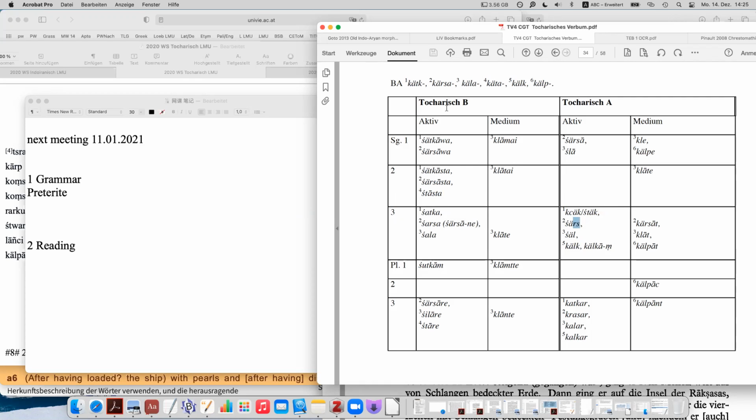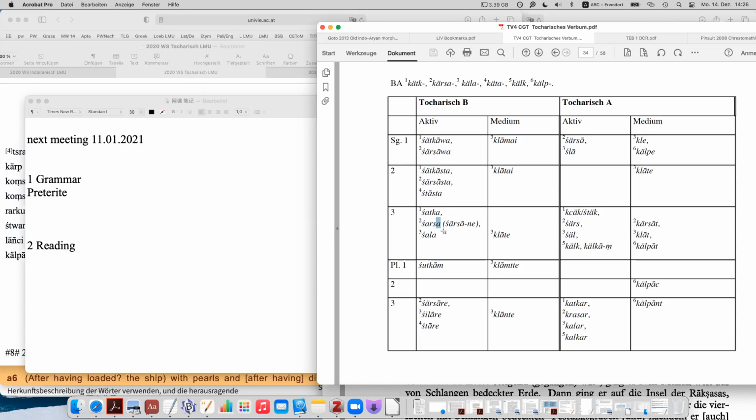Let's check the second word, which means to cut. We find it here, and the preterite reads sharsha. You have a palatalization here, k to sh, and then the ending.